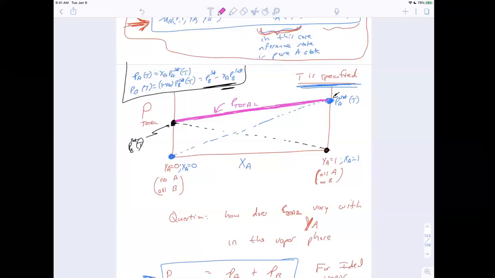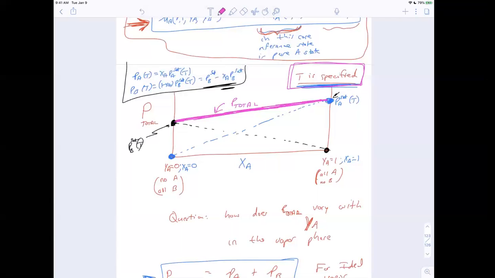Okay, and it's linear because we've assumed that the liquid and the vapor are ideal. Okay, so as we are moving along and constructing the phase diagram for this binary system with liquid, vapor, and coexistence, what we've so far determined is that the total pressure in the system, once we specify temperature, that's one of our degrees of freedom.